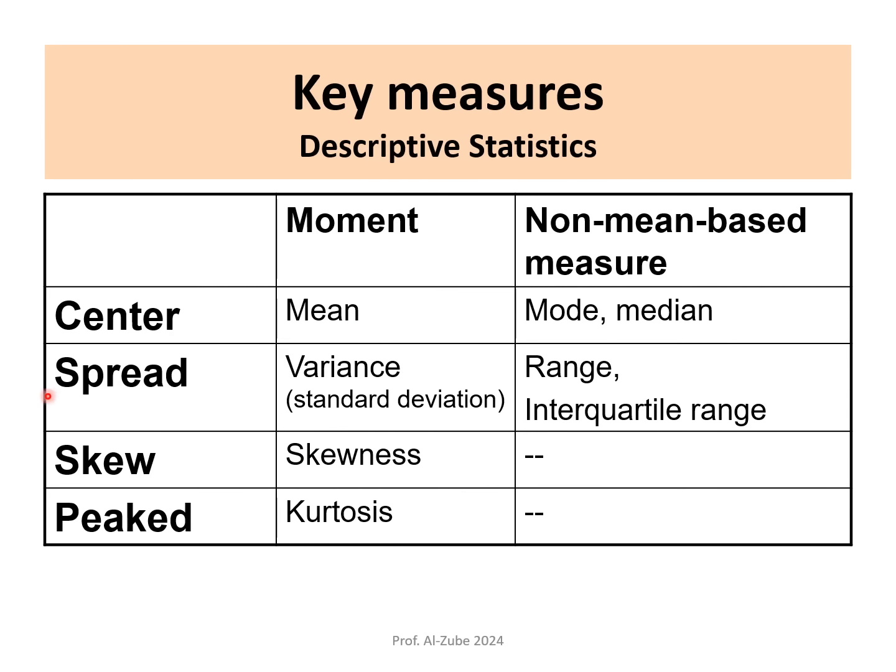Now we can look at the spread of the values, the readings, or the observations, because that's another important aspect in statistics. We can quantify spread by using the variance or the standard deviation. That's a mean-based measure, and we're going to talk about it a bit more shortly. And we have non-mean-based measures: the range, or the interquartile range.